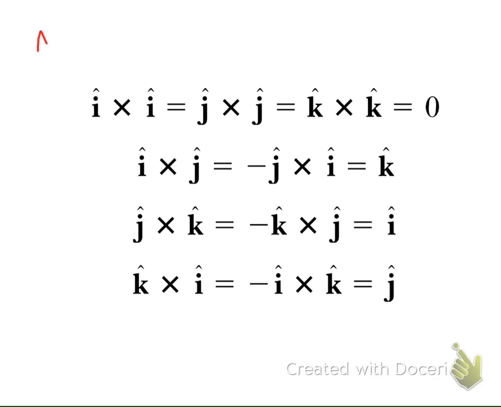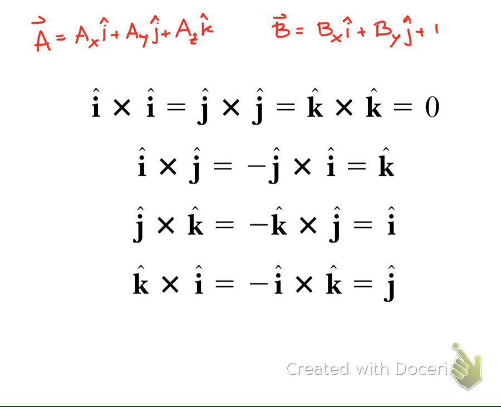For example, if I represent the vector A as AXi plus AYj plus AZk, and B is BXi plus BYj plus BZk.